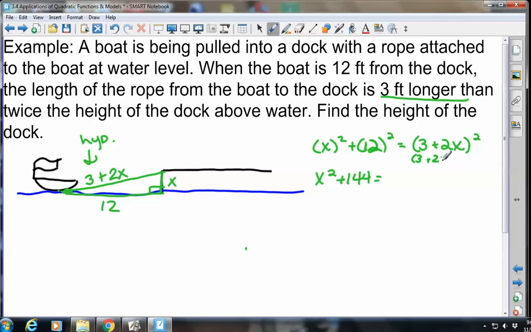Because this is two terms, you would have to write it twice in FOIL. So I get 9 plus 6x and plus 6x would be a 12x plus 4x squared.